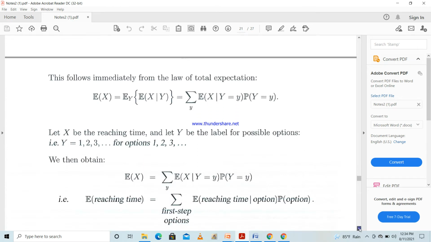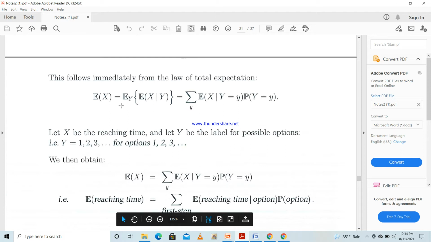Let's quickly go through the law of total expectation. If you have a random variable X that depends on Y, the expected value of X is equal to this formula.